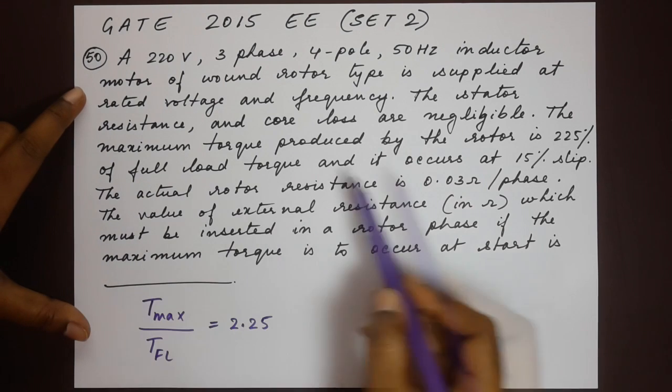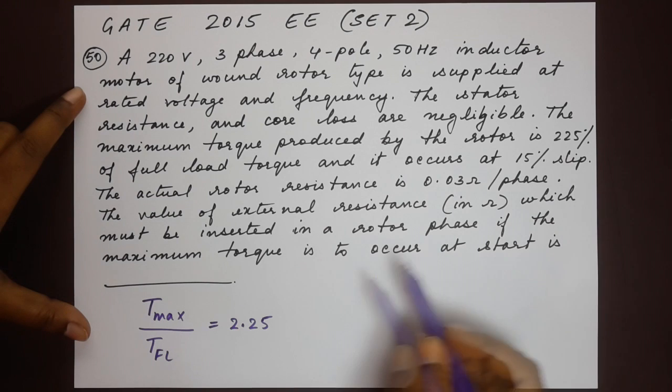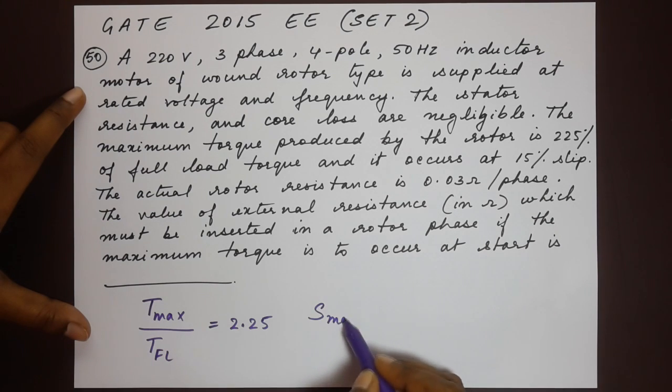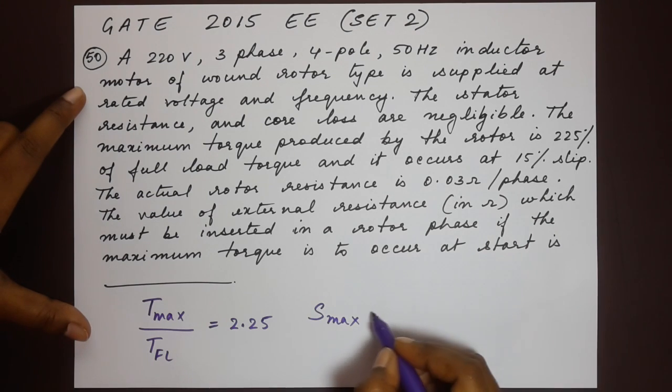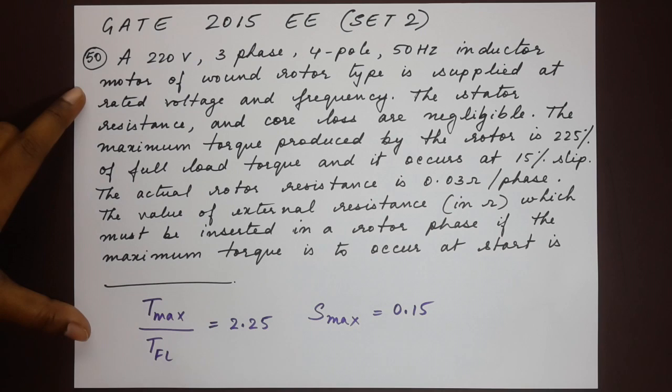And this occurs when the slip is at 15%. So note it as maximum slip. Maximum slip is at 15%, 0.15. I hope that is clear.